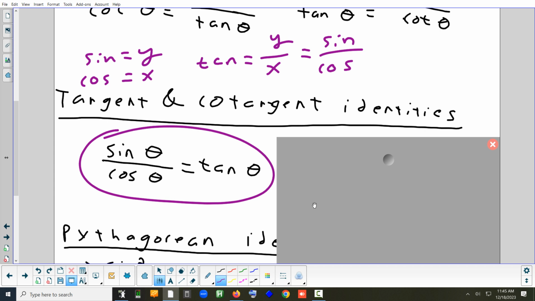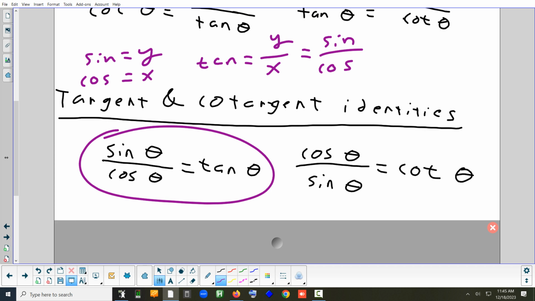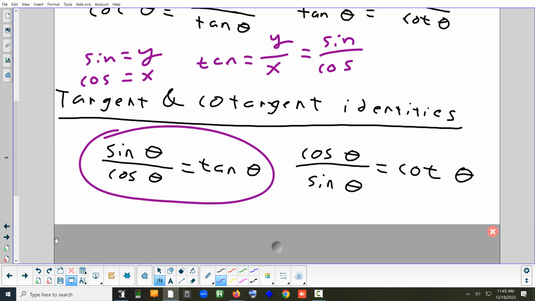Cosine divided by sine. Cotangent is the reciprocal. And don't worry about the Pythagorean identity. We're not going to do that. And you've been doing that all along when you find cotangent. Think of the formula we've been using. Cotangent is x divided by y. Well, x is cosine, y is sine. So cotangent is always x divided by y.